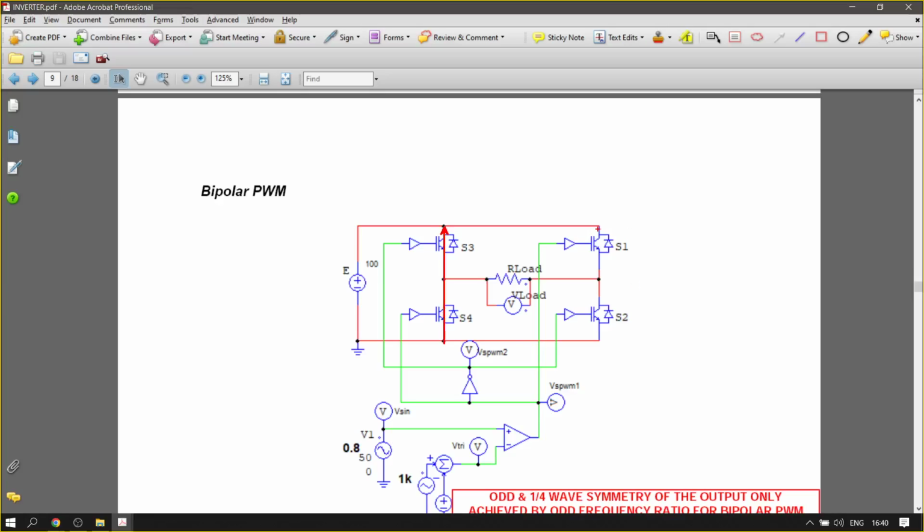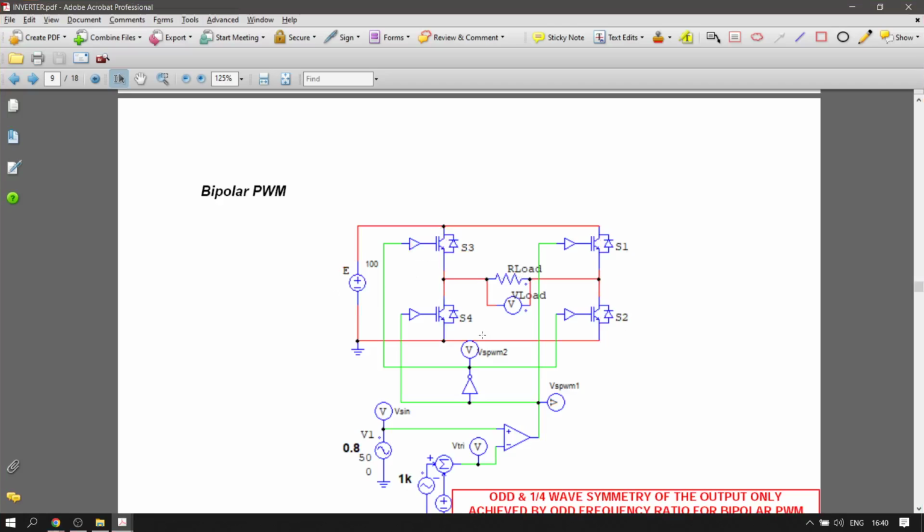This will be short circuited between that point and that point. So the supply voltage has actually been short circuited. There will be a large current flowing out of the source, and that will damage all the switches here. So we don't want that to happen.